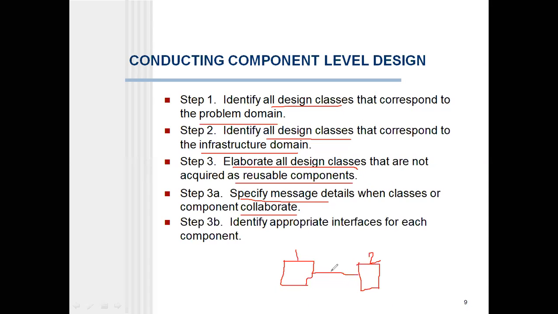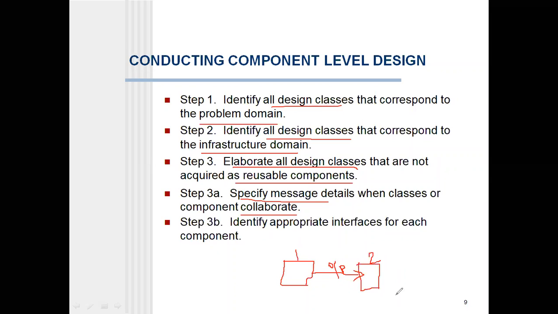You need to write the message here. For example, you may write: it sends output, or passes some outcome. Assume this is one output from class 1. Which kind of output you may write here itself. Okay, c equal to 10, it is passed to class 2.